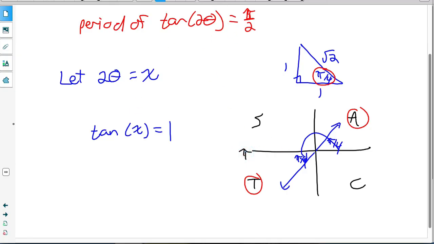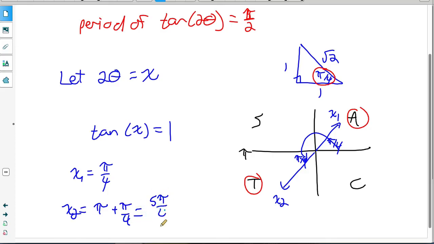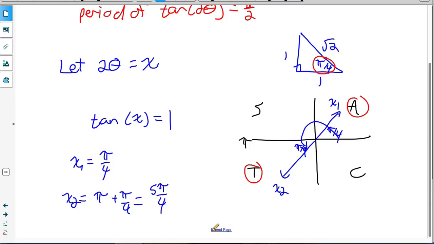So let me write these two answers. I'll call this one x1, this one x2. So x1 is equal to pi over 4, and x2 would equal pi plus pi over 4. So 4 pi over 4 plus 1 pi over 4, that's 5 pi over 4. So I have two answers for x. So these are the two angles that would give me a tan ratio of 1.